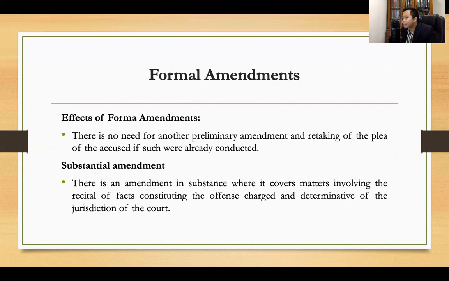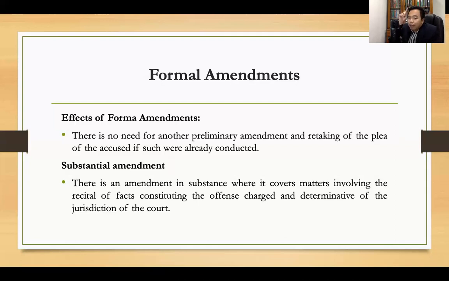For example, class, if the amendment will change the penalty imposable, or the nature of the offense such that it will change the jurisdiction from the RTC to the MTC, then it will be considered a substantial amendment. For example, class, the crime of cyber libel, or libel as defined by Article 352 of the Revised Penal Code in relation to Republic Act 10175 or the Cybercrime Prevention Act of the Philippines.